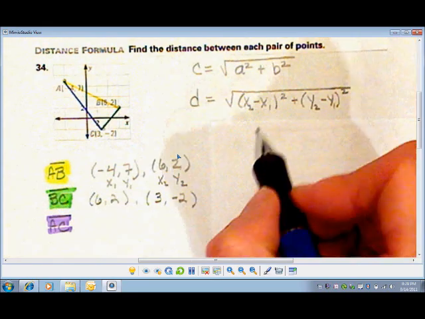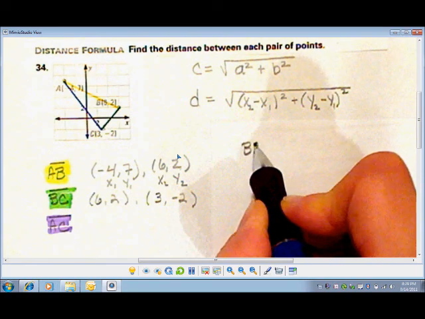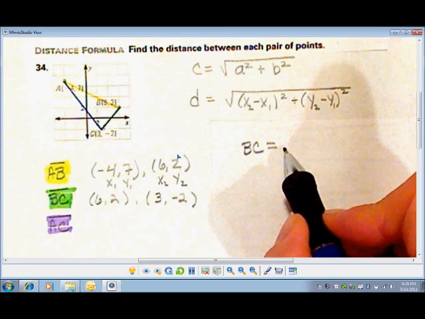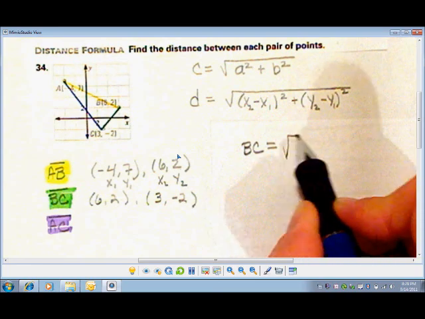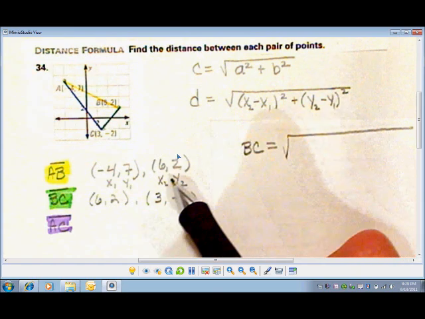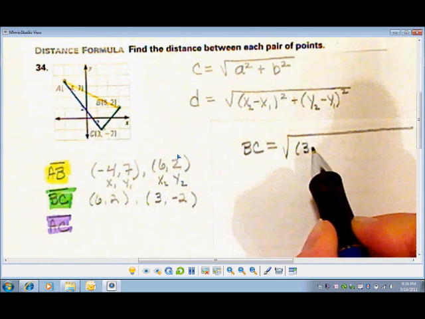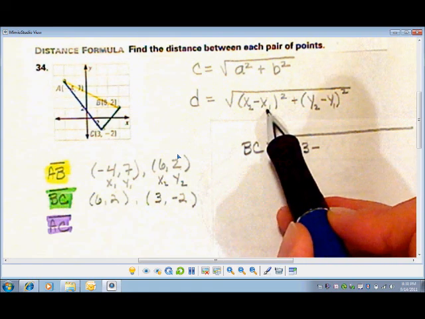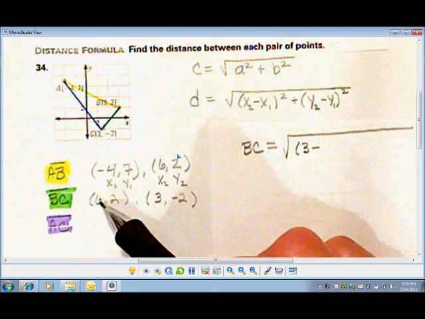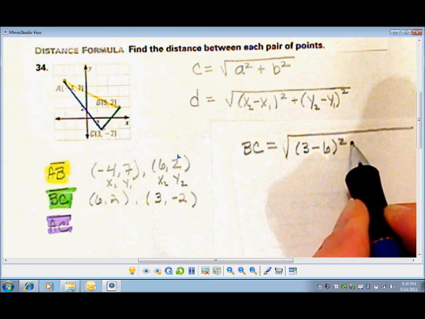So this time, instead of writing D sub 1, I'm just going to write BC. Okay, so that's going to be the square root of x sub 2. Well, x sub 2 is 3, minus x sub 1, x sub 1 is 6, and that's all squared.